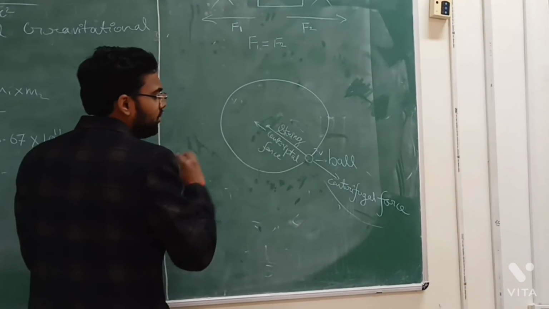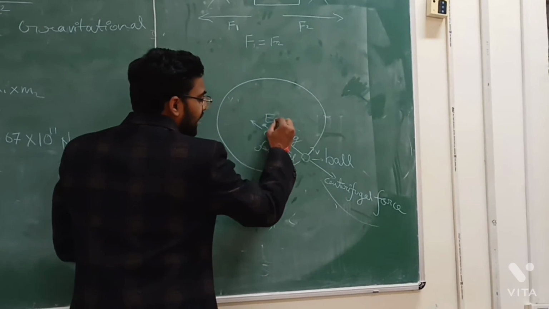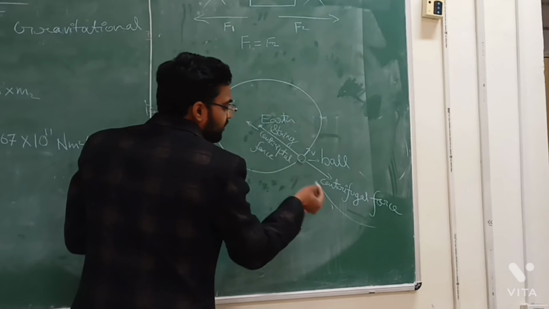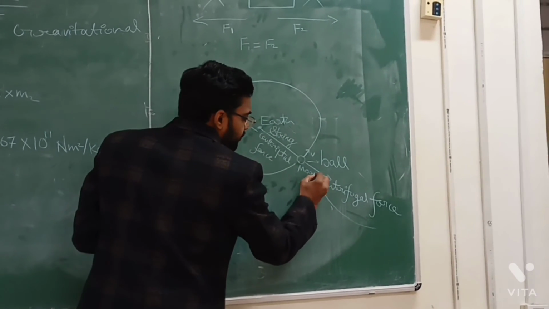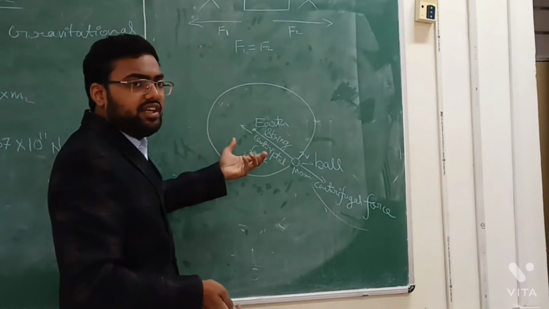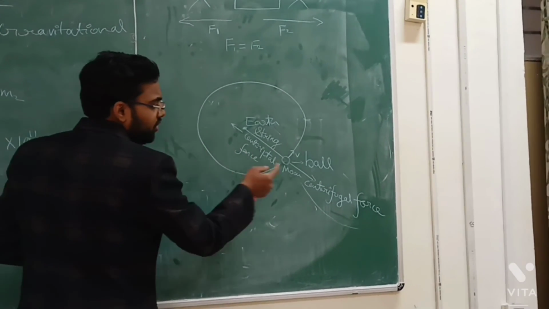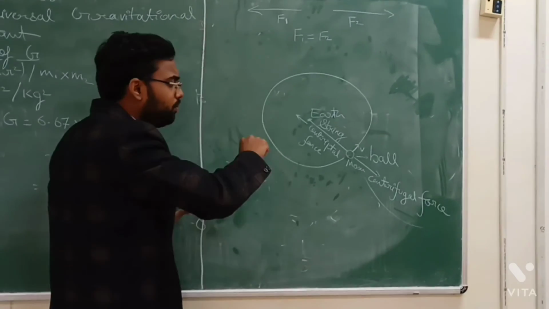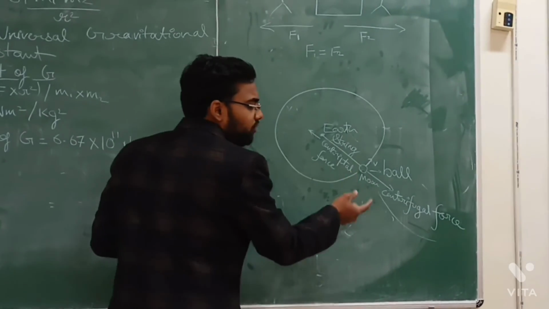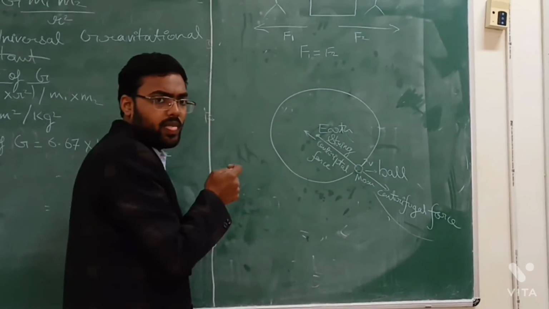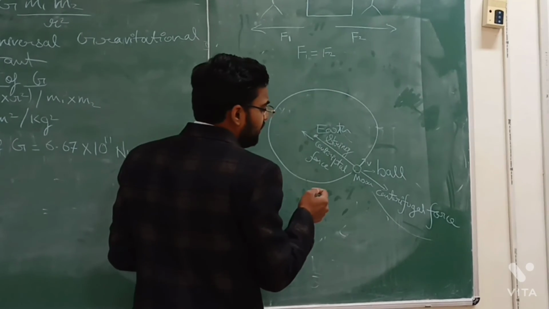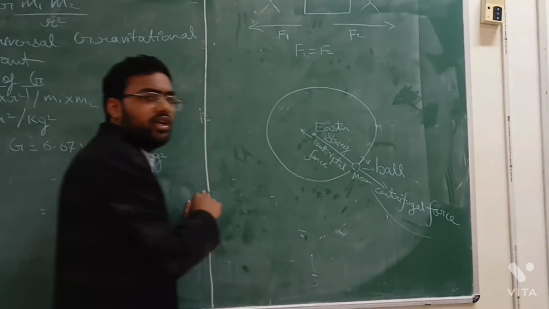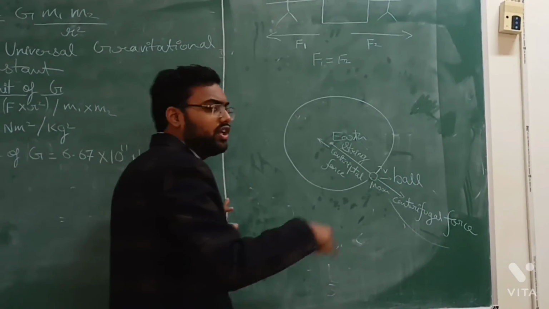Same as in the condition of Earth and Moon, this point acts as Earth and this point acts as Moon. The force of gravitation acting on the Moon by Earth acts as a centripetal force, which is balanced by a centrifugal force of the Moon. That's why Moon cannot collide with Earth and always follows a rotational path.